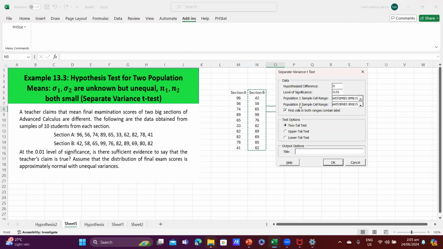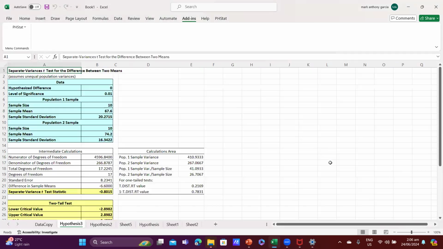Now observe that when we hovered our cursor, we clicked the cells involving the labels. So we shall check this part wherein the first cells in both ranges contain label. Now, according to our step 1 in hypothesis testing earlier, our test is a two-tailed test. So we have to click two-tailed test and then we click OK. So this is our output.